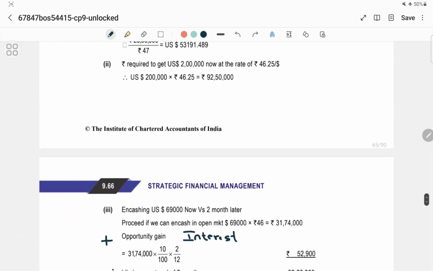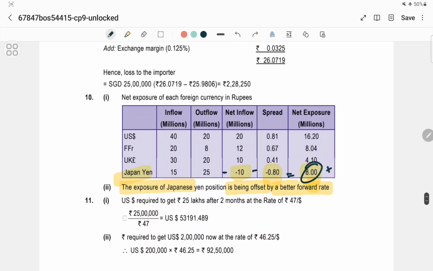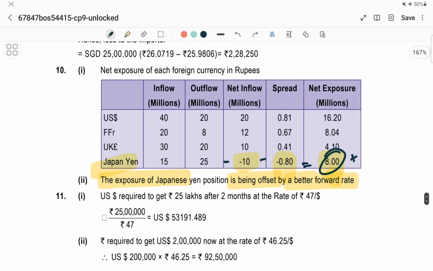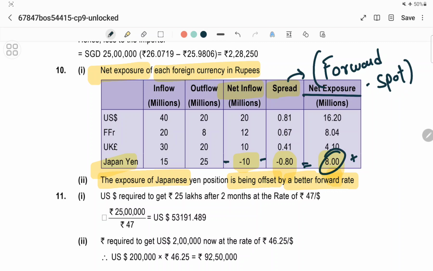Here, net exposure of each foreign currency in rupees. Inflow minus outflow gives you the net inflow, and the spread is nothing but forward minus spot.